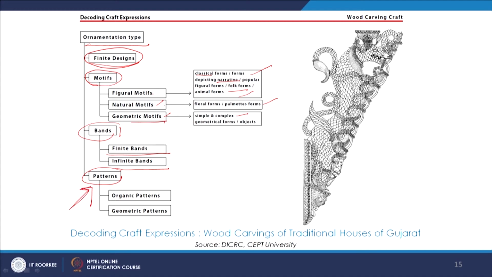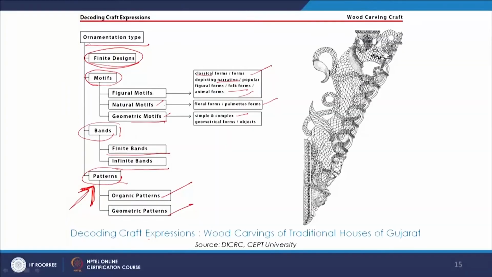Of course, there are motifs which are repeated or not repeated, and by virtue of different movements and different ways of creation, patterns are generated. There could be organic patterns and geometric patterns. All of it again is a system that enables us to decode the craft expressions, to decode a building, and to draw interrelationships between the two.